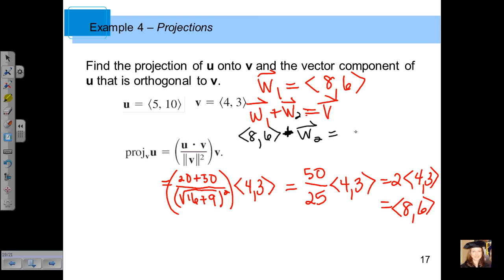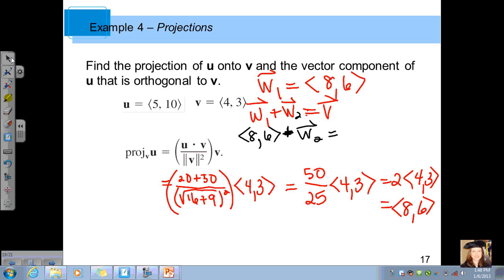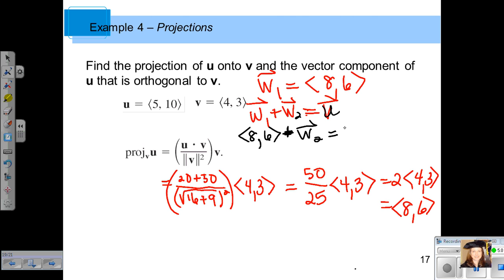That should equal the V vector. Oh, sorry. I'm sorry, that should actually not equal the V vector, it should equal the U vector. So that should be the U vector. And the U vector is 5, 10.